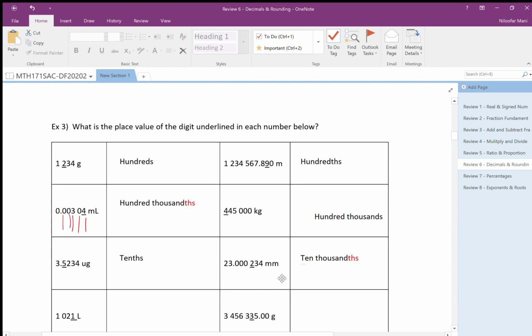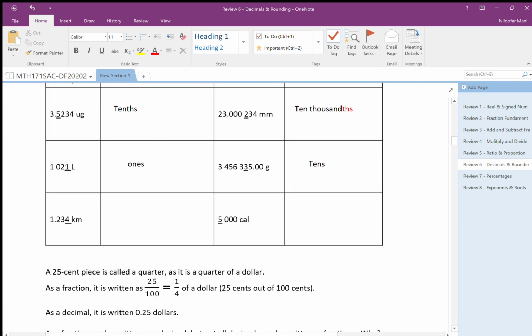How about this one here? There is no decimal, so this is just 1,021 liter. So 1 is just ones. How about here? This is tens, because it's just 1 after the number 1. How about this one?